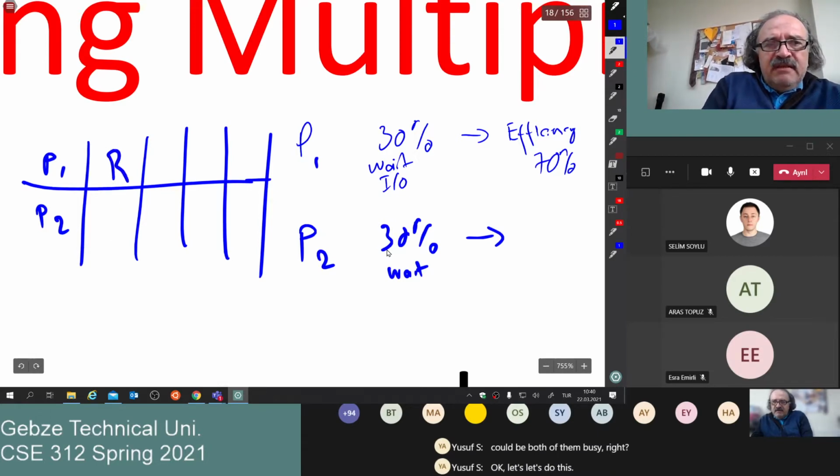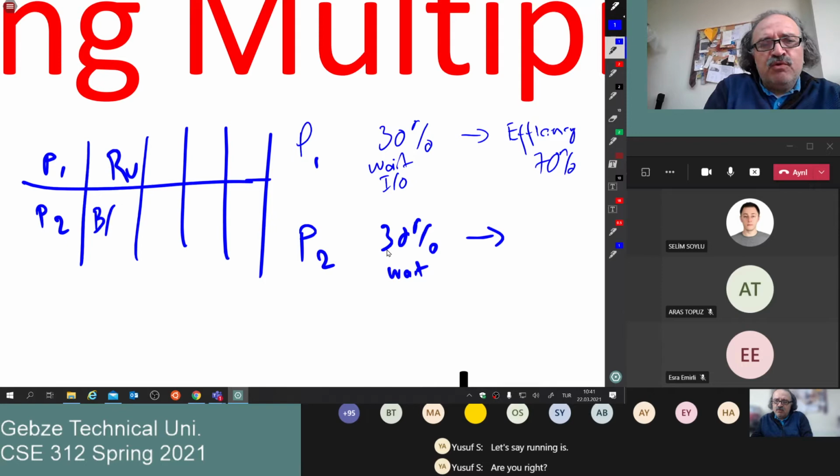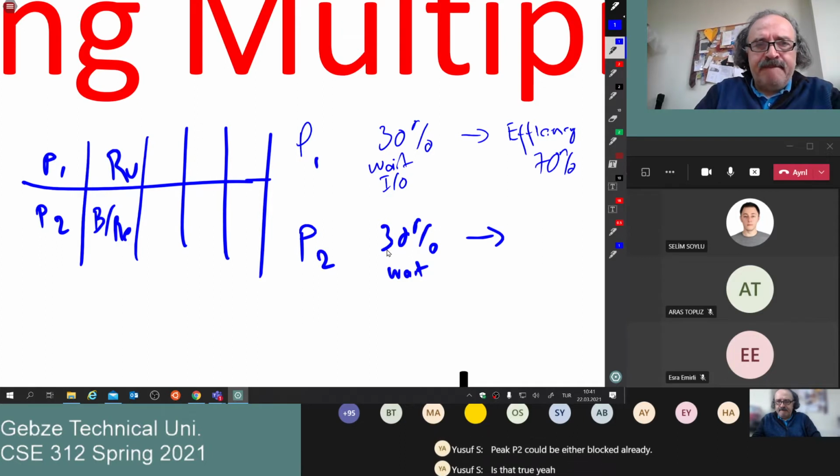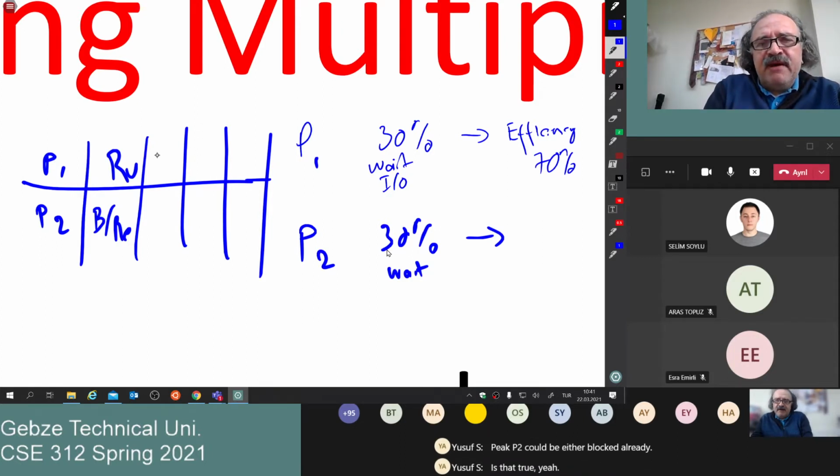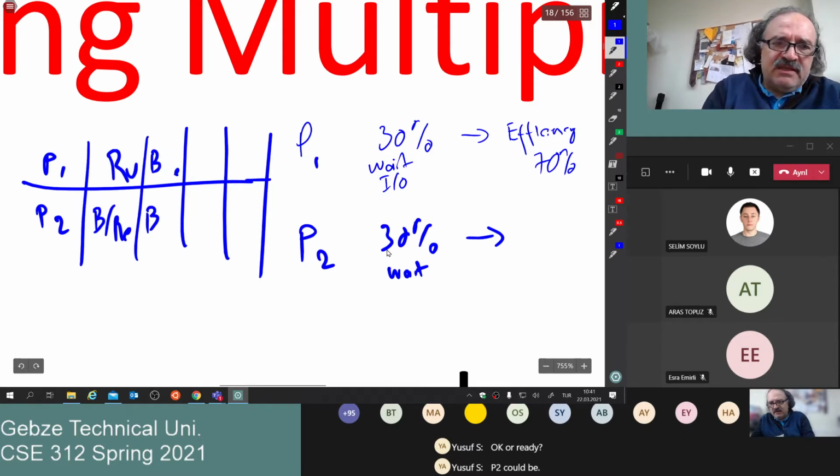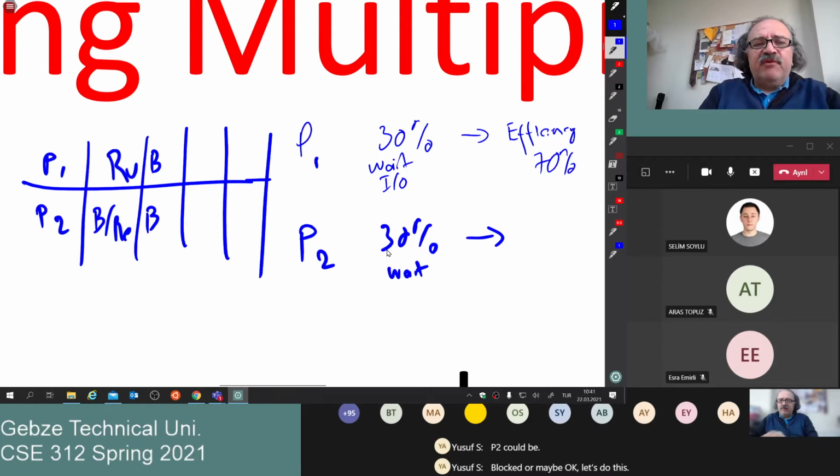P1 is running. P2 could be either blocked or ready. Is that true? Yeah. When P1 is blocked or ready, P2 could be blocked. If one of them is blocked, the other one could be blocked too, right? That's true.